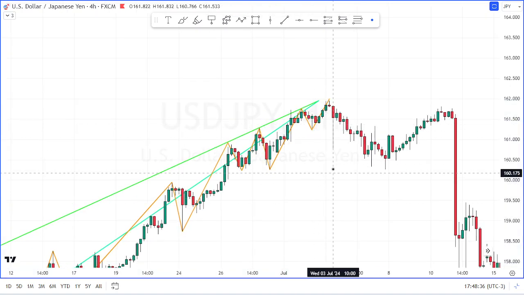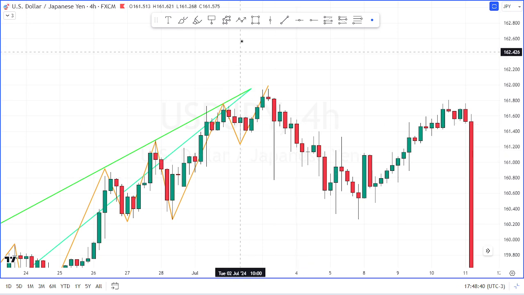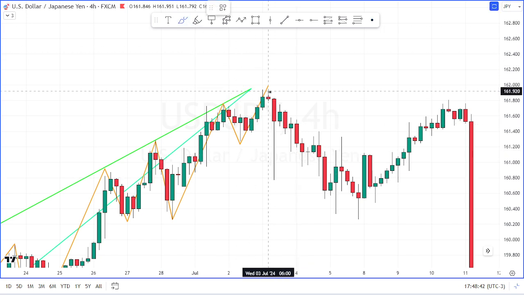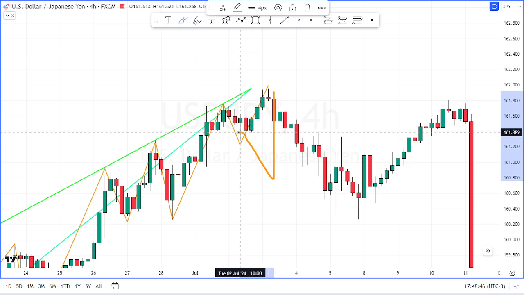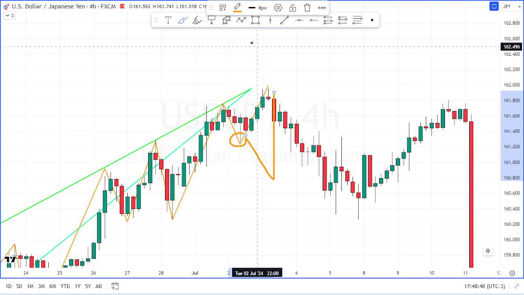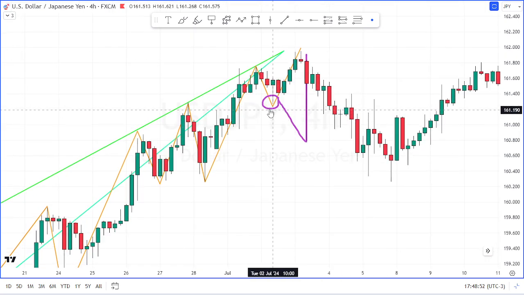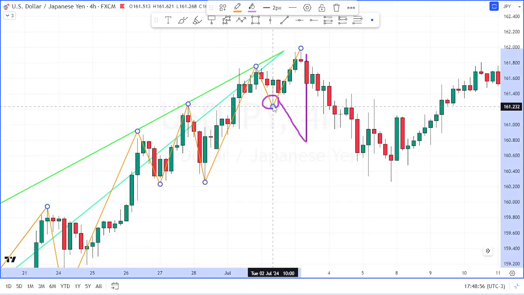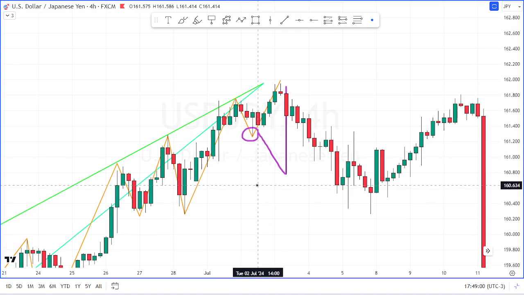Okay, at this junction, this is where the market changed the short-term trend. So once this candle here went all the way to the downside, it broke this short-term uptrend, higher highs, higher low. All right, the market broke this higher low, so automatically we are no longer in an uptrend anymore.